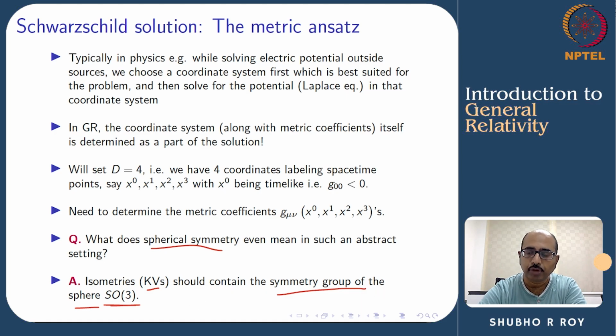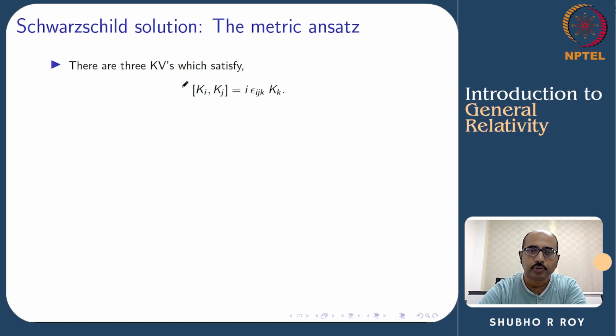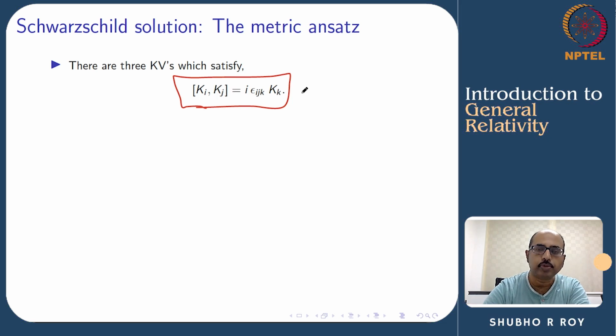Let me just elaborate what I mean by that. SO3 means those 3 Killing vectors, K1, K2, K3, there'll be 3 of them, satisfy the algebra of SO3. Some people know it as the SU2 algebra. SU2 is the universal cover of SO3, but locally these two groups look the same.